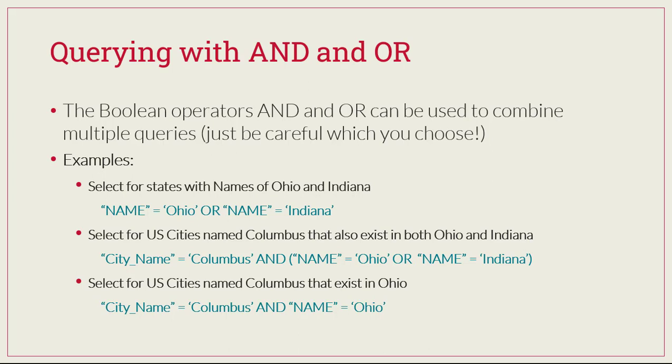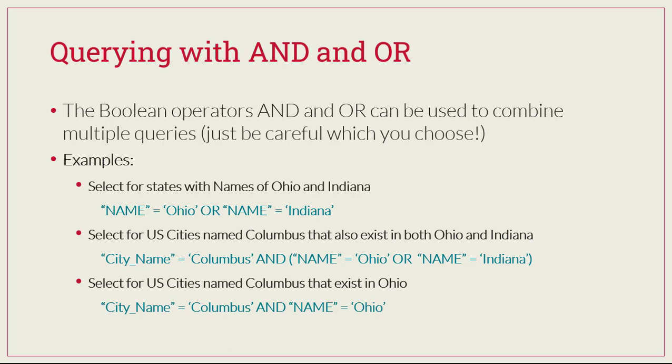Then that complex query there has parentheses around it because we want to treat the name is equal to Ohio or name is equal to Indiana as its own thing. Think of that almost as a mathematical operator. You want to do that logic query on its own and then pair it with and to Columbus so that you would get all cities that are named Columbus that also have either Ohio or Indiana as their state name.